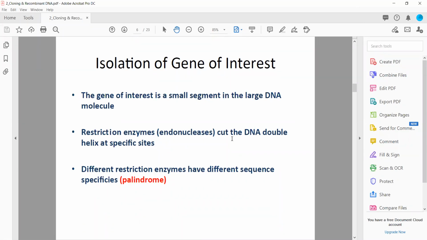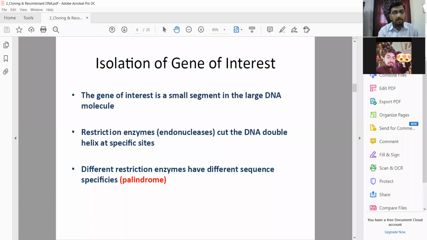The PCR primers used contain restriction enzyme sites at the 5' ends of those products. Restriction enzymes cut the double-stranded helix at specific sites called palindromic sequences, and every restriction enzyme has a different palindromic sequence.